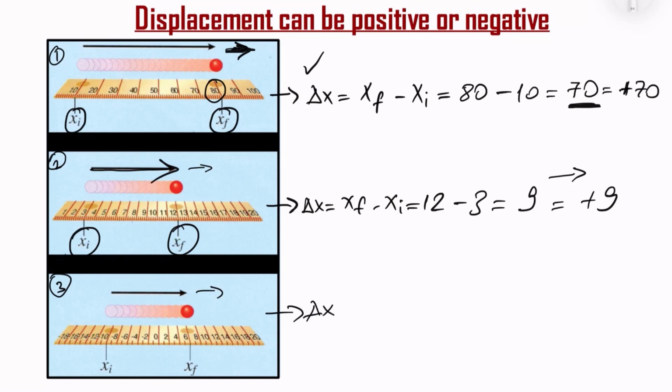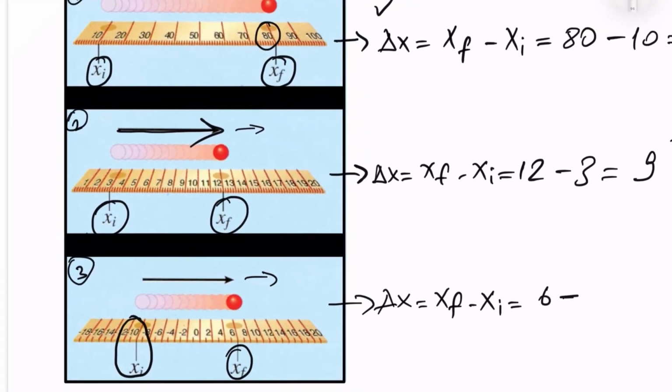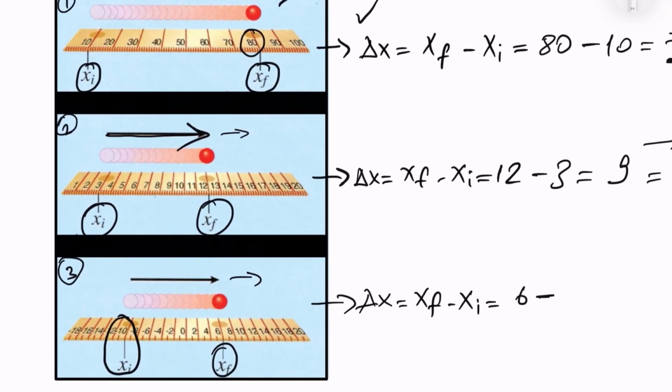And let's talk about the third one. Delta x equals x final minus x initial. Now my final position is positive 6 minus my initial point, which, as you see, is negative 10. You can zoom on it. So 6 minus negative 10.